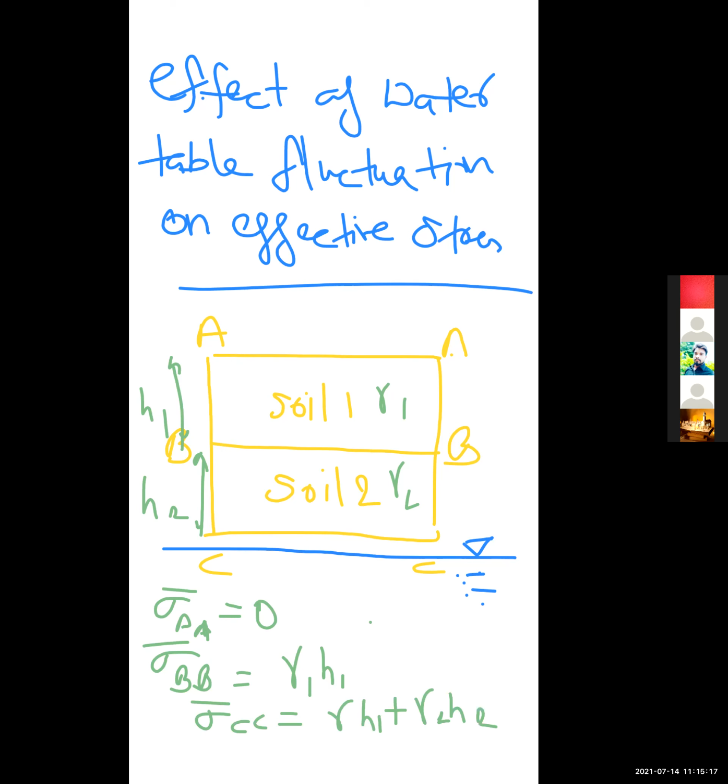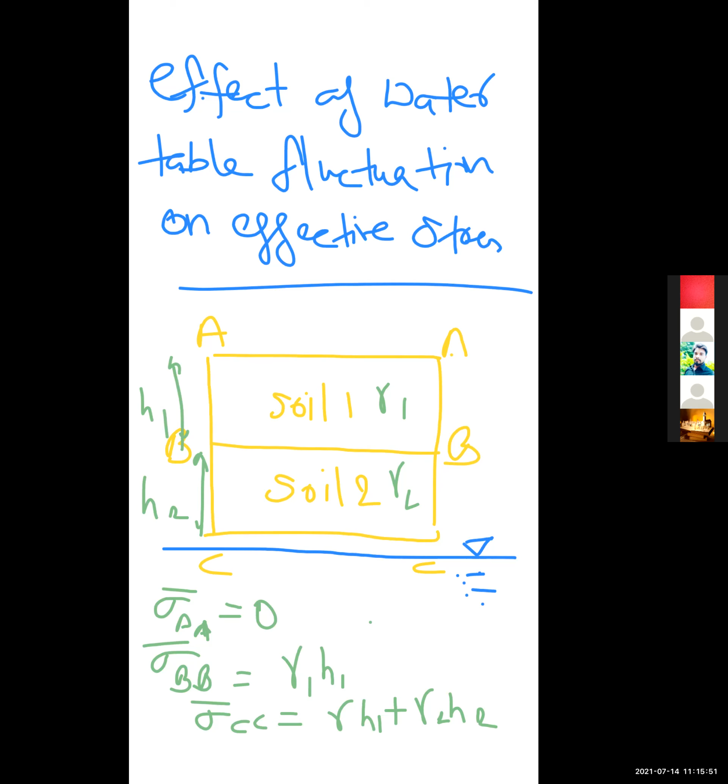This is the total stress at CC and there is no water pressure within the H1 and H2 depth. So total stress equals effective stress. That means if the water table is introduced below the soil level where we have to find the effective stress, then this water table level doesn't have any effect on effective stress. Okay, this is clear.